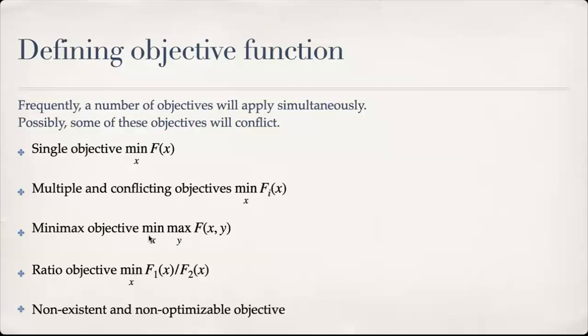You see that we have two sets of decision variables, X and Y. The first set, X, targets at minimizing the whole value, the objective function. However, we adjust Y to maximize this one. So it is a minimax objective function.